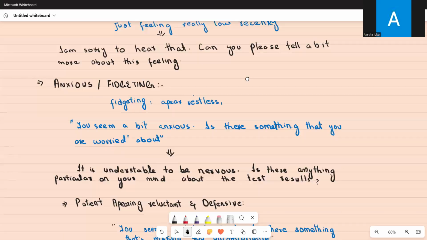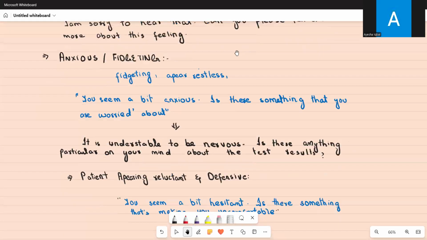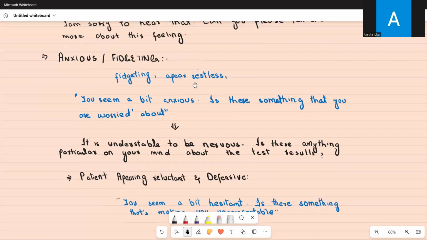Okay. You can encounter a patient who is anxious and they are appearing restless, or they're constantly fidgeting, moving their hands, arms, looking here and there. So you can tell them, you seem a bit anxious. Is there something that you are worried about? Okay. And if they say, I'm just nervous, I don't like coming to the hospital, then you can acknowledge their emotion.